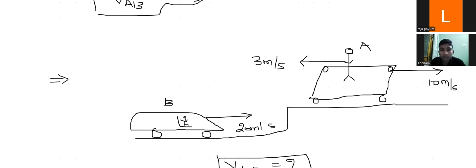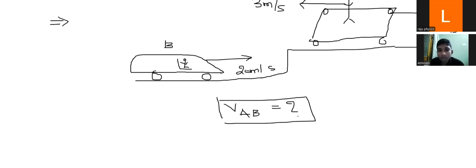What I'm asking, Abhi, is what is the relative velocity of A with respect to B? You are saying only the relative velocity of A with respect to the ground, and calculating only that value. But that is not our answer. Our answer is the relative velocity of A with respect to B.